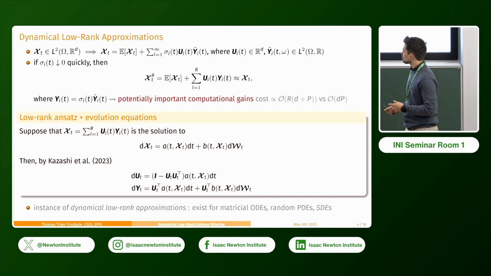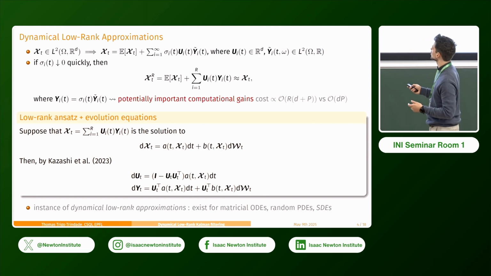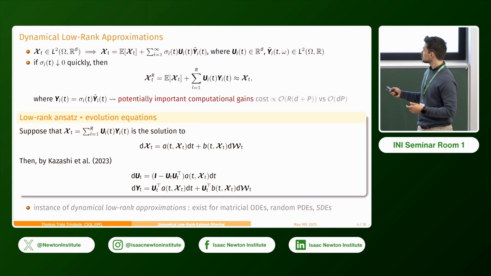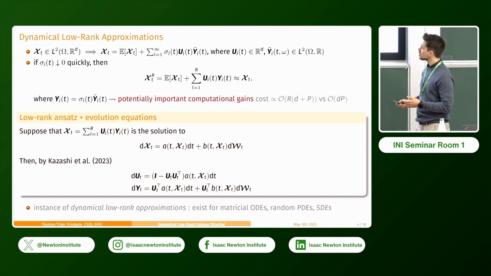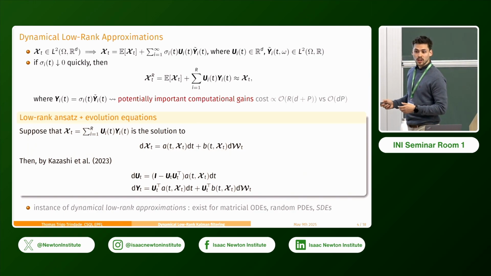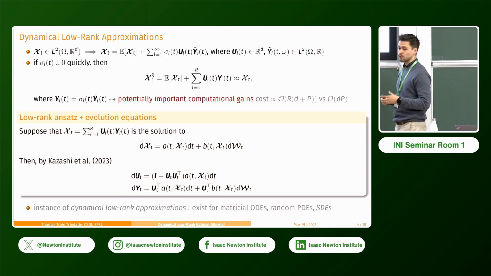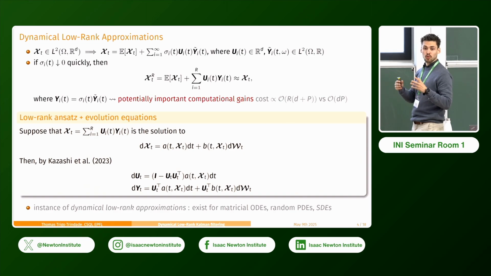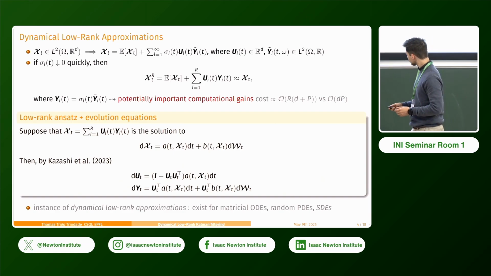This is the work of some of my colleagues and my advisor, where they have verified that if your process has this low rank structure at all times, and it satisfies a stochastic differential equation in a general setting, then you can characterize fully the evolution of the physical and the stochastic modes over time. So you essentially know how these evolve without having to assemble and see the full stochastic process. You evolve a low rank representation of your process at all moments in time.